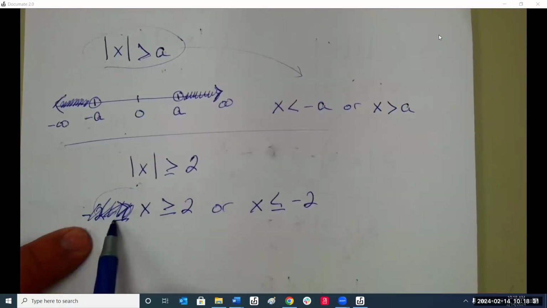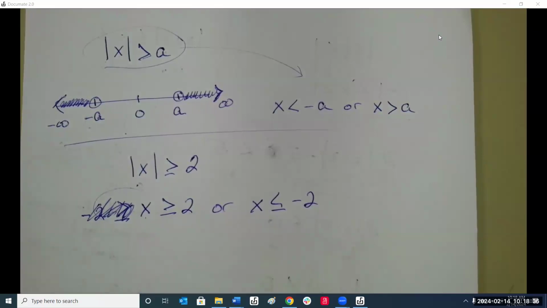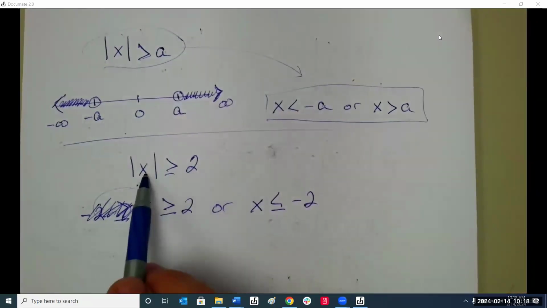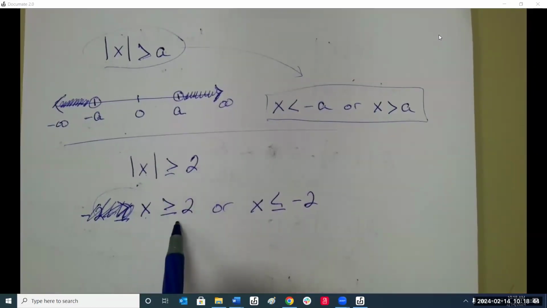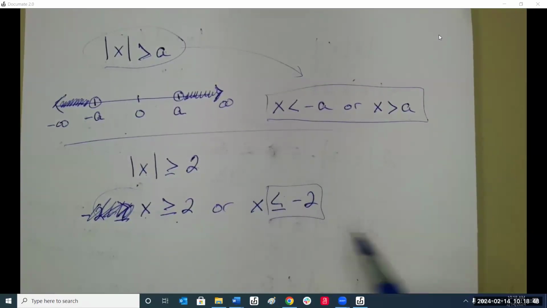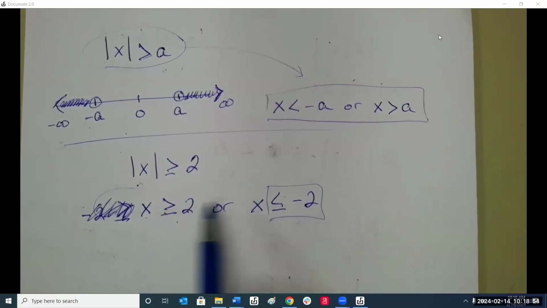Because what this says is negative 2 is greater than x, and x is greater than 2. It means the same thing, but it's written really weird. So I'm going to this format. So leave this alone and just drop the absolute value sign, or you flip the sign and the inequality. So when you change the answer to negative, you've got to change the direction of the inequality.